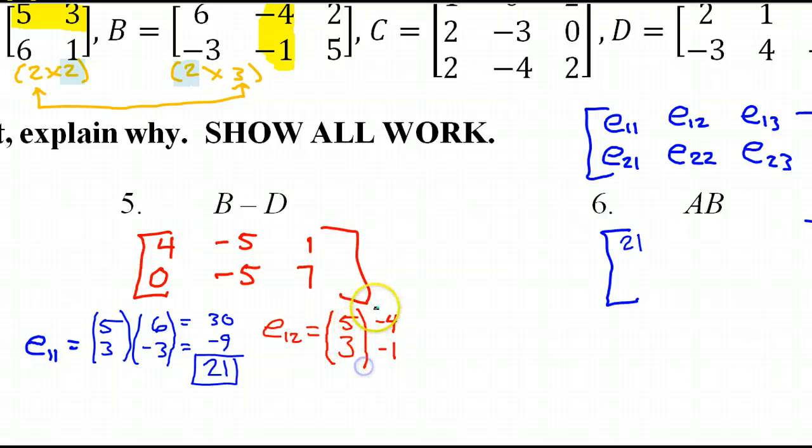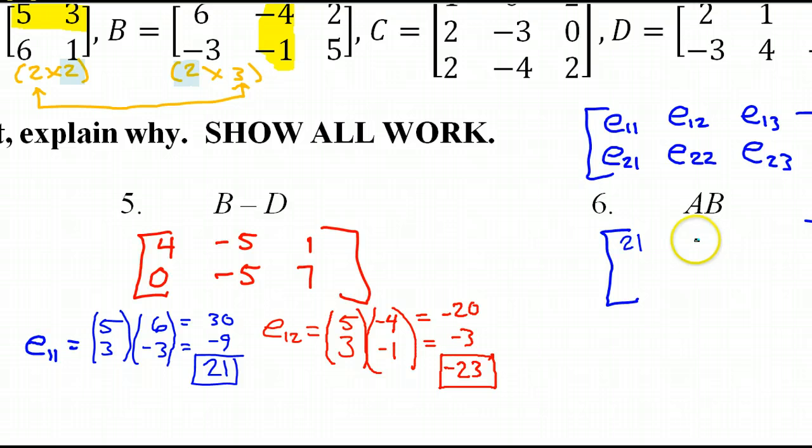And we multiply. So that's going to give me negative 20 and negative 3. So that is negative 23. Alright, so element 1, 2 is negative 23. Okay, let's find the next one.